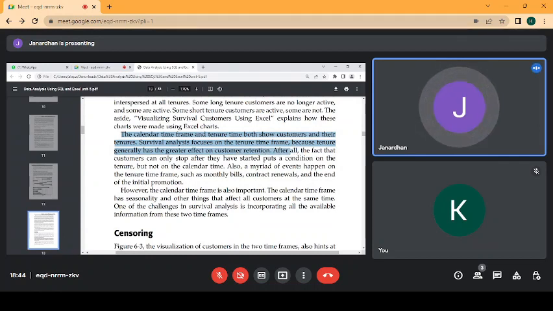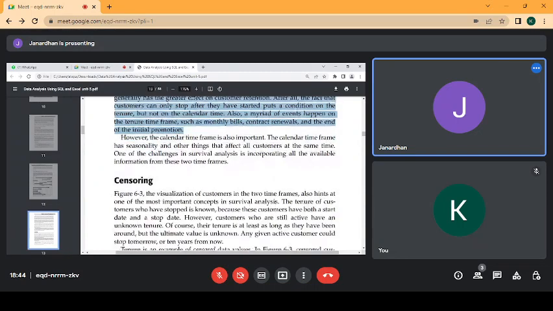After all, the fact that customers can only stop after they have started puts a condition on the tenure but not on the calendar time. Also, a myriad of events happen on the tenure time frame, such as monthly bills, contract renewals, and the end of the initial promotion.